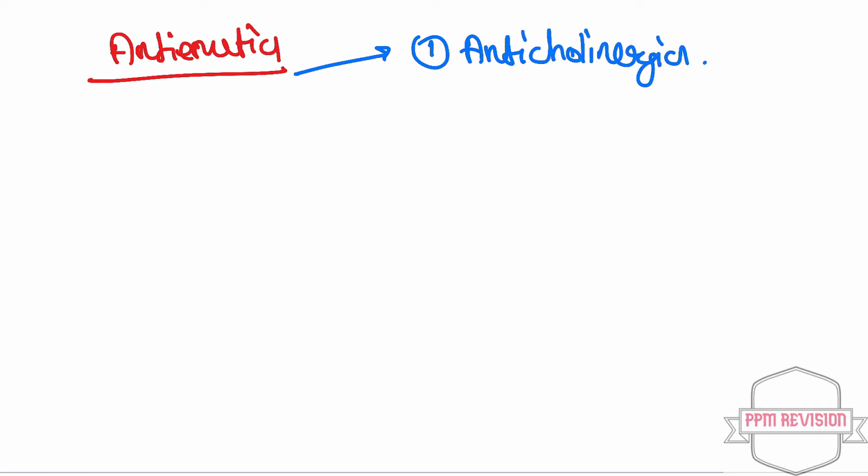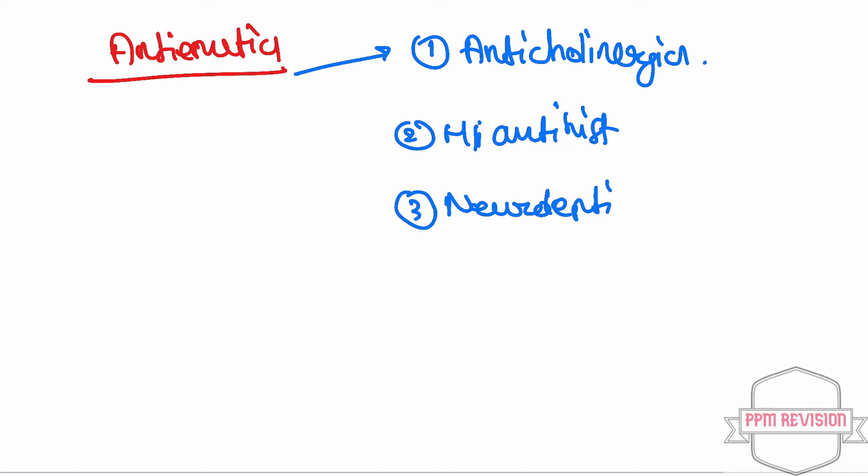Okay, and then there is H1 antihistaminics. Third, there is neuroleptics, also known as D2 blockers. Then there's also prokinetic agents.